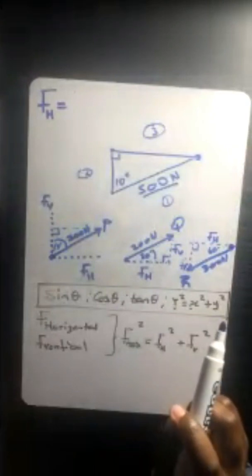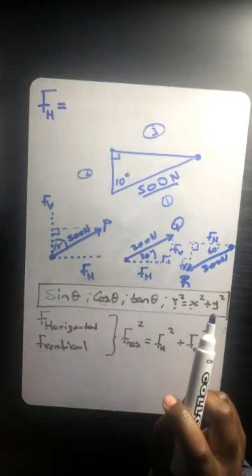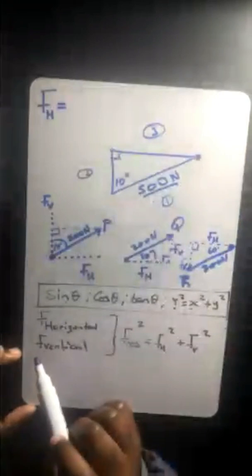Even if you don't know which one is vertical or horizontal, you need to know that this is opposite to that angle, this is hypotenuse, and this is adjacent. If I'm looking for that line, it doesn't matter whether it's horizontal or vertical; because it is that side, we should use sine. Why? Because it is the side that has opposite and hypotenuse.